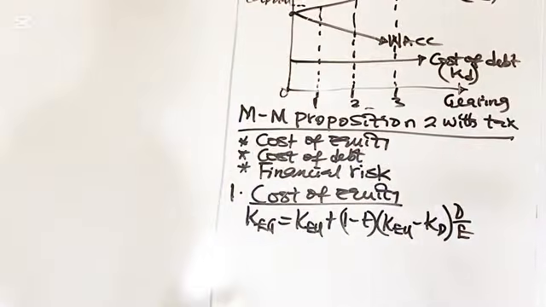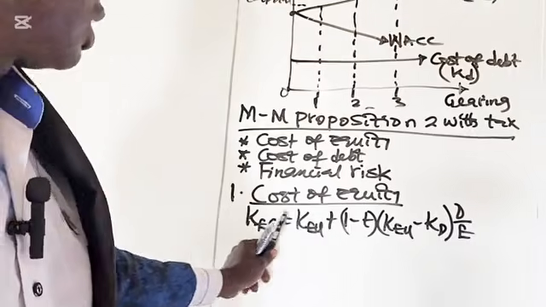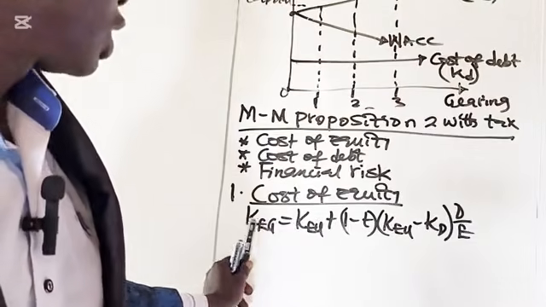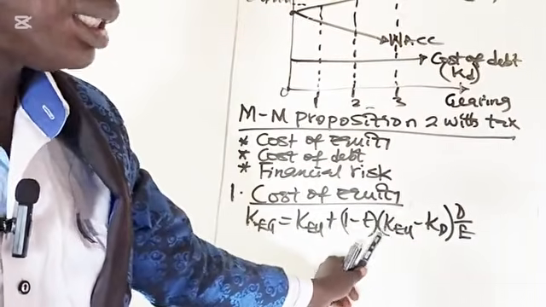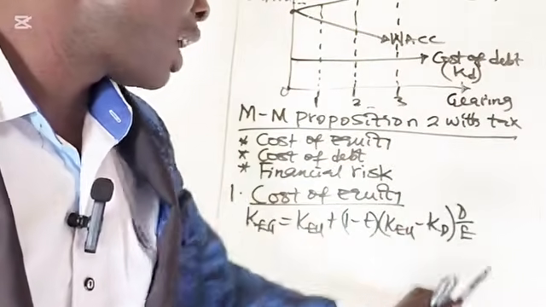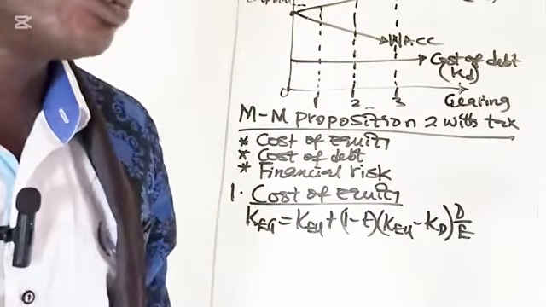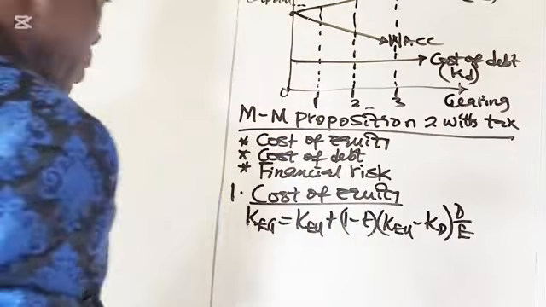So the formula is Keg equals Ke plus (1 minus tax rate) into (Ke minus Kd) into D over E. This formula will be given in a formula sheet in your question paper.